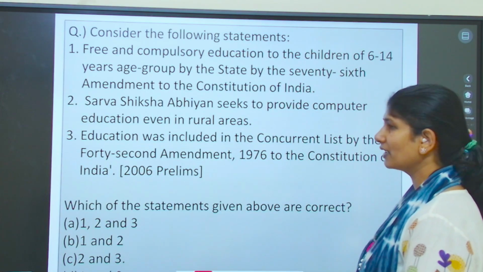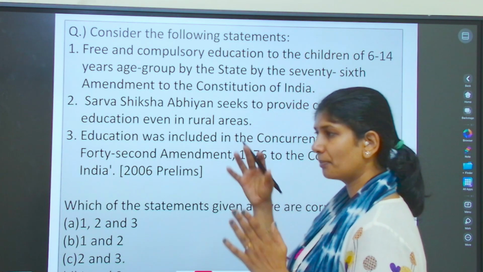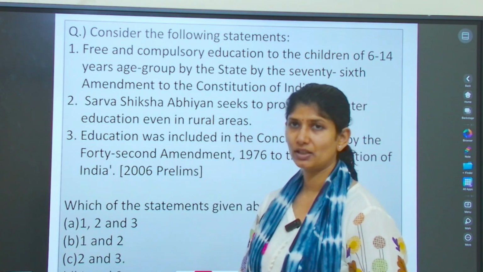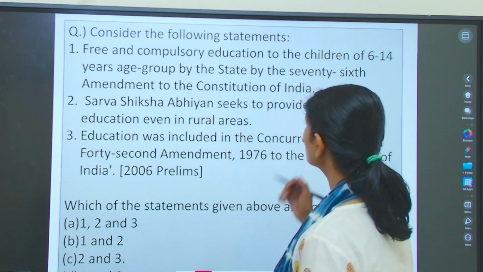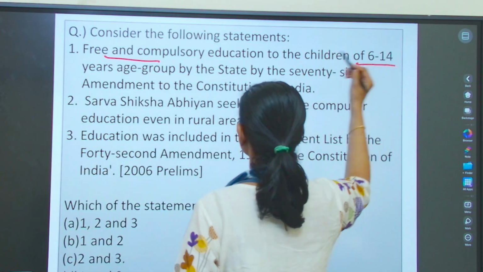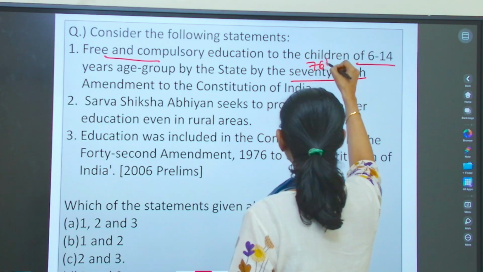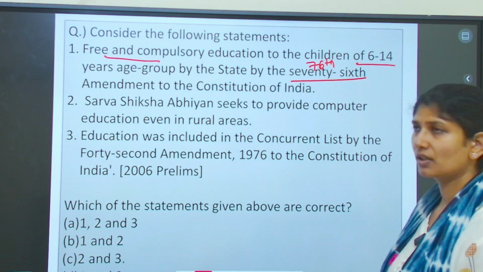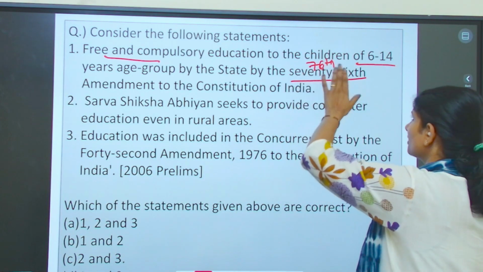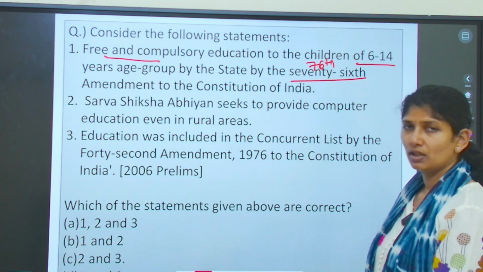Like I told you, again, look for keywords in a statement kind of question. If it's a bulkier one, reduce or break down the question. So here they are telling free and compulsory education, 6 to 14 years of age, 76th Amendment. One more keyword I will suggest is, when they give 76, you convert it into a number and write it down above. Understanding?